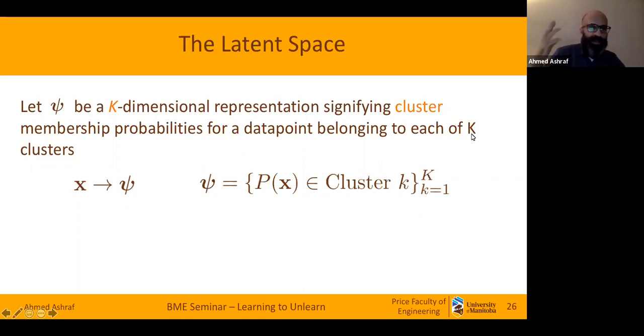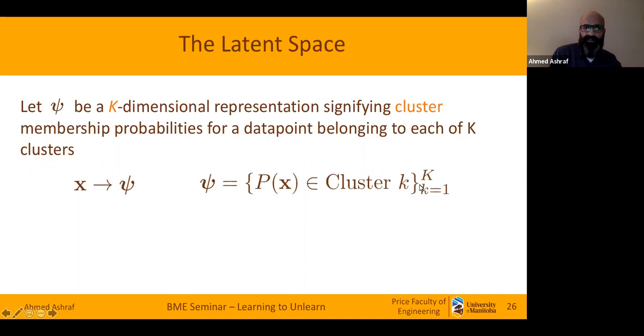You would be wondering at this time suddenly where these clusters are coming from. But imagine that there are some clusters which are specified by their centers. Of course, a cluster is usually specified by its center, and there are k such clusters. And this is the representation: what's the probability that my input belongs to that cluster?